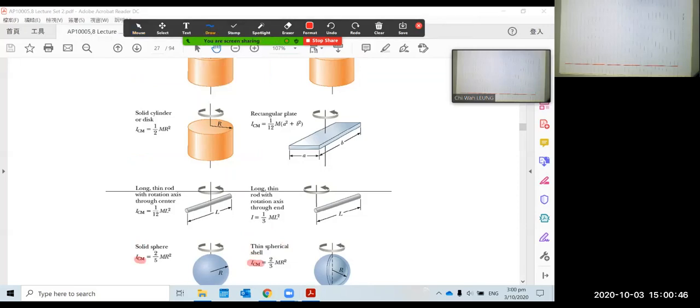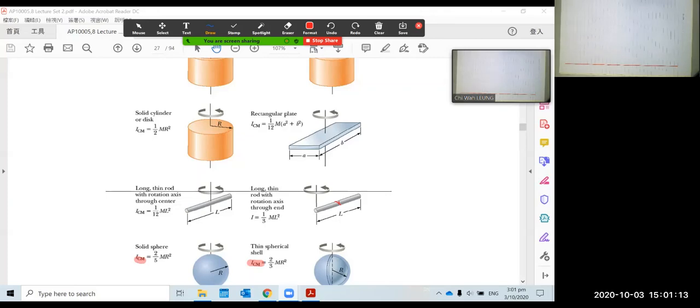So the axis would be passing through the center of mass, except this one. Here, the center of mass, of course, for a uniform rod, would be right at the center of the rod. But now the axis of rotation is at the end of the rod, so it is not passing through the center of mass. So be very careful with the notation here.